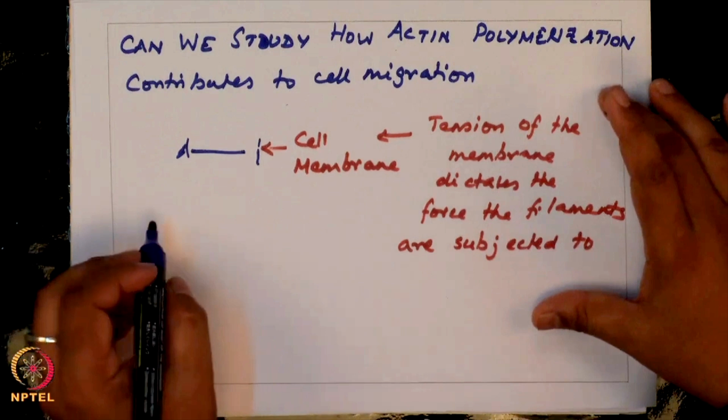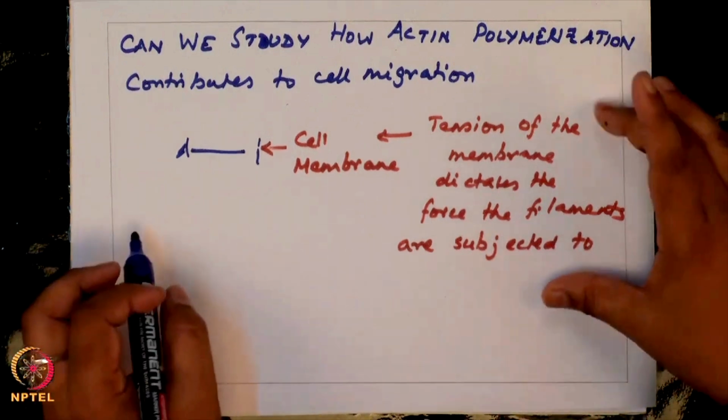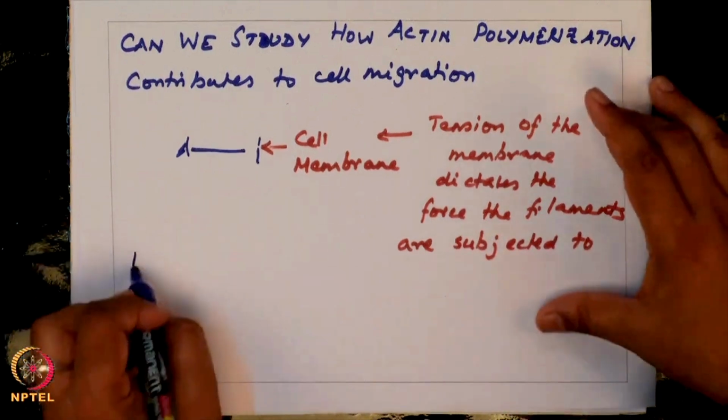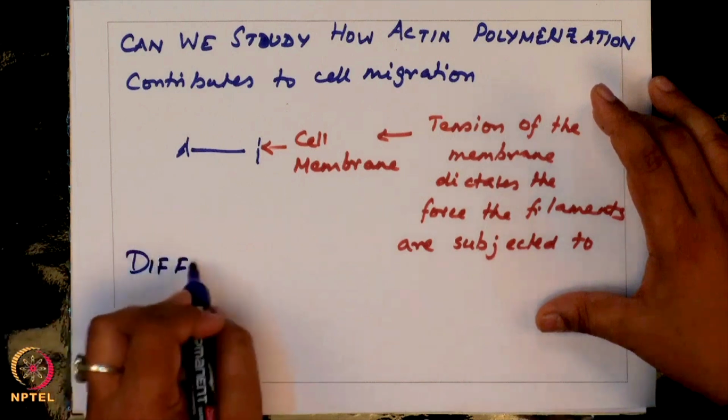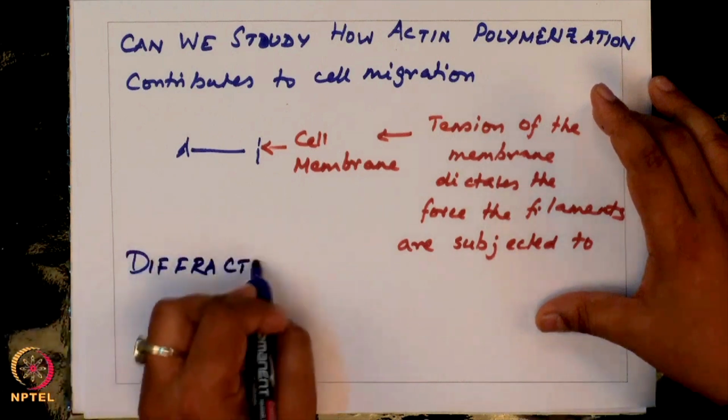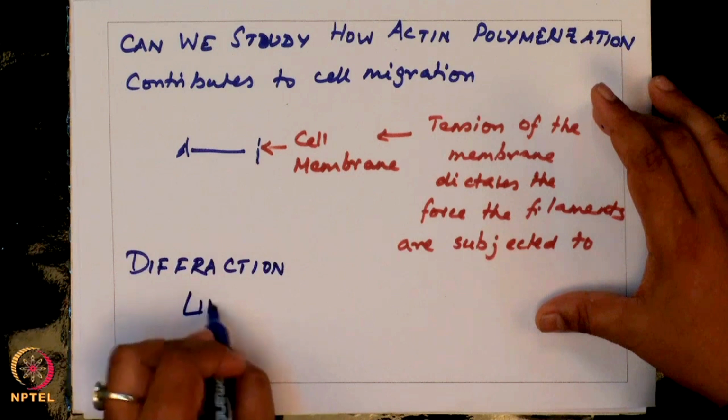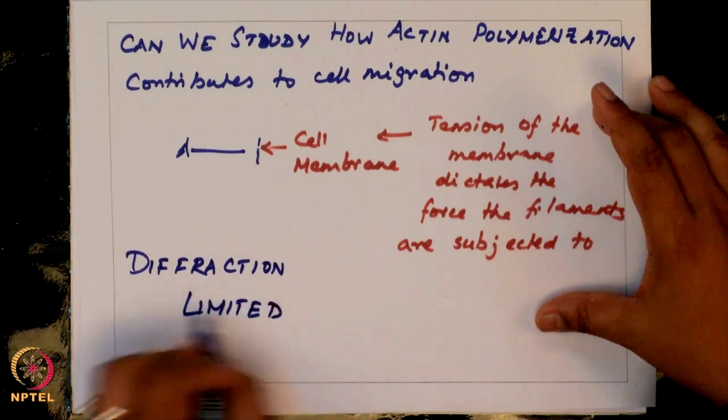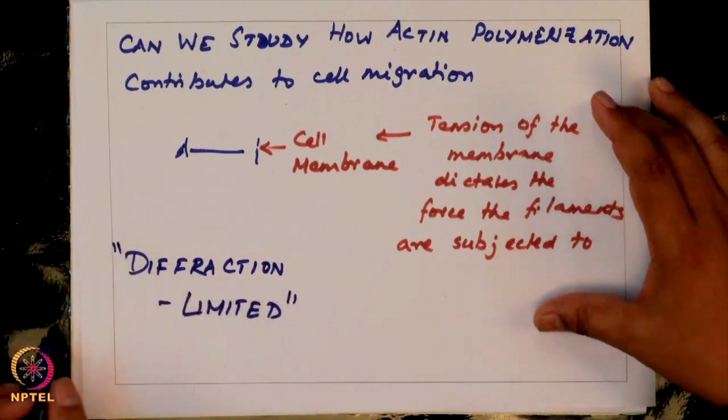So, we know from optical microscopy, I had introduced this term called diffraction limited. It is impossible to see a single monomer under an optical microscope. So, you cannot see objects which are less than 250 nanometers.